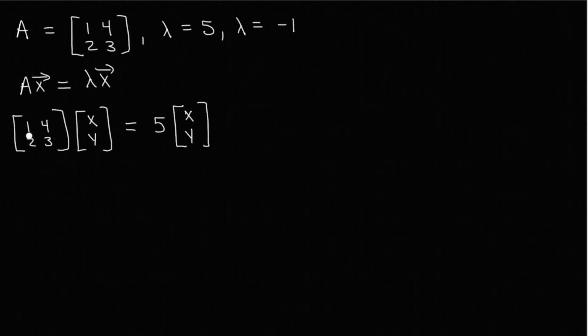So if we multiply this matrix by this column, we're going to get 1 times x plus 4 times y. So 1x plus 4y, if we multiply the first row by the first column. But if we multiply the second row by the same column, we're going to get 2x plus 3y.